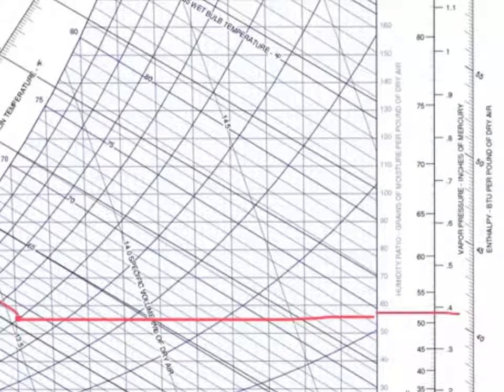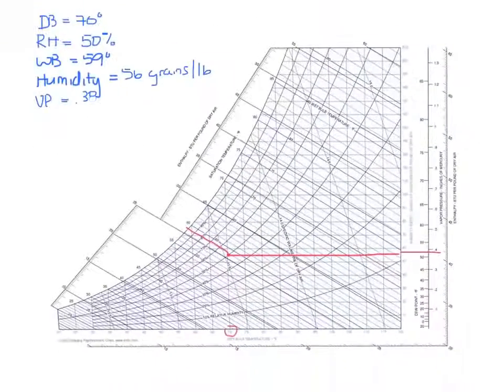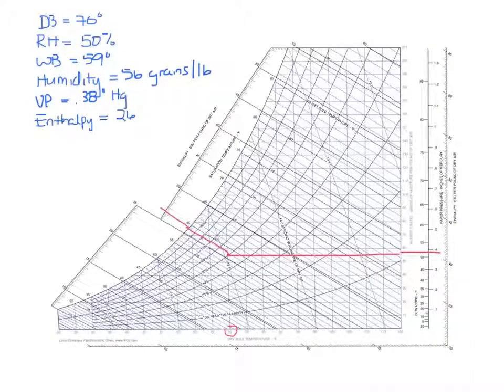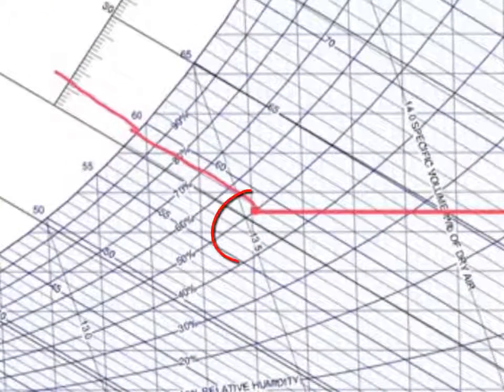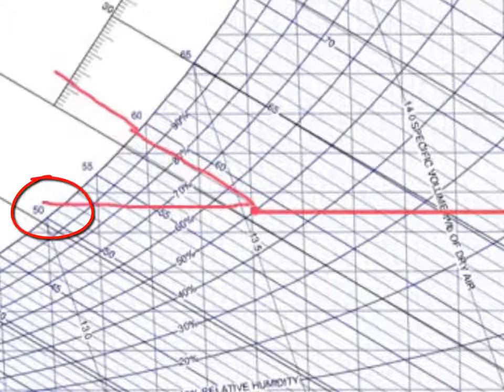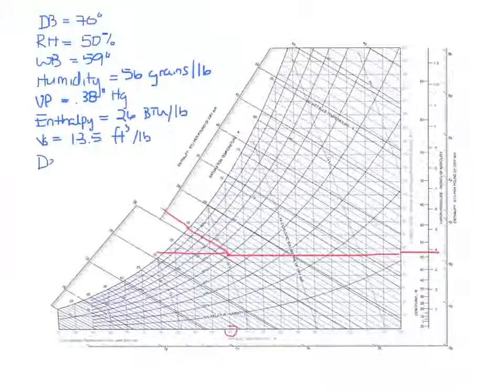And if you continue over, you get about 0.38 inches of mercury for the vapor pressure. Drawing a line to the enthalpy scale gives us about 26 BTU per pound. And you can see that the specific volume is about 13.5 cubic feet per pound. Drawing a horizontal line to the saturation temperature gives us the dew point of about 50 degrees.